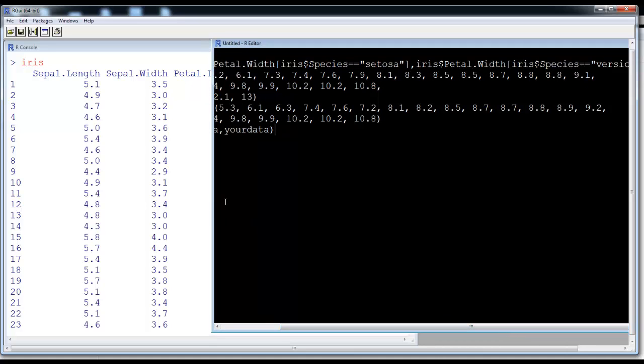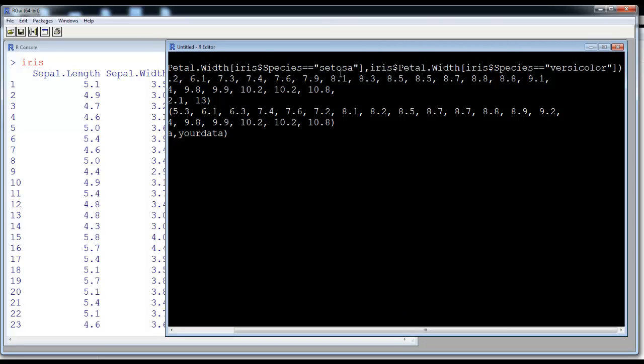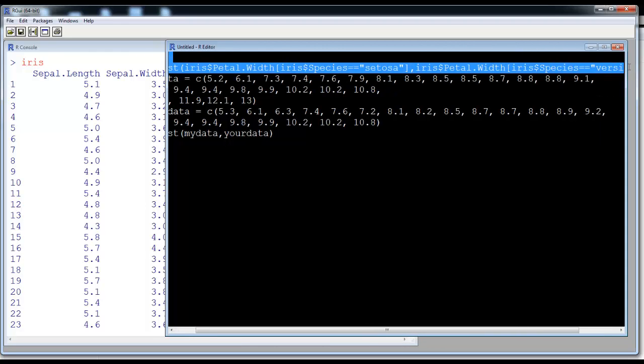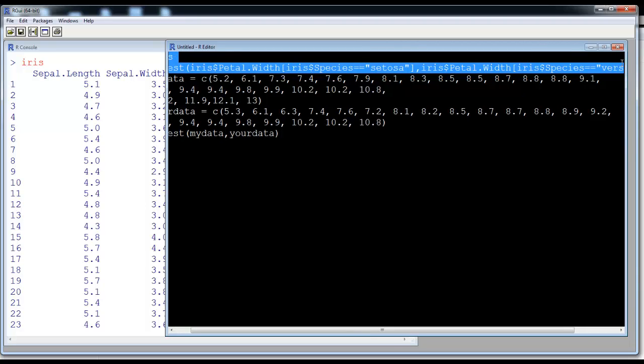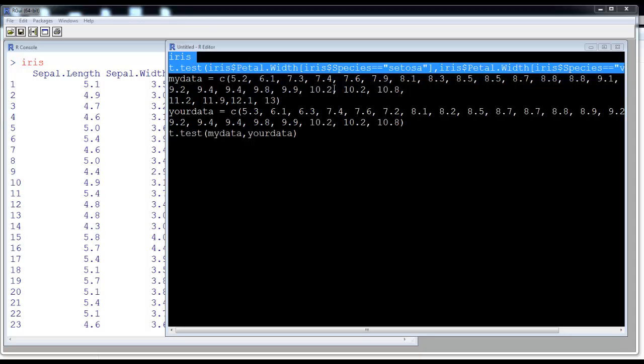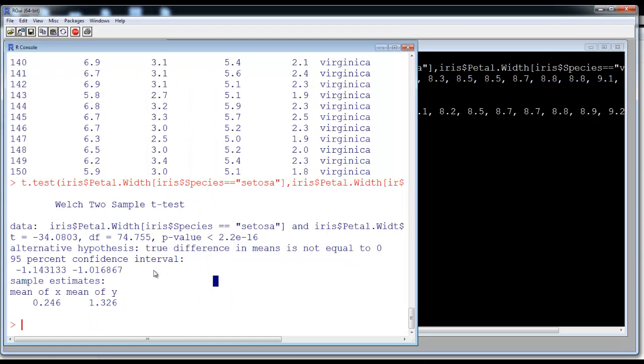So there is nothing much to be done. As you can see, this is setosa and then this is versicolor. So you can just copy paste this from the description of the video, and let us run these two lines. So you select these two lines and you hit the run button, and this is what you get.